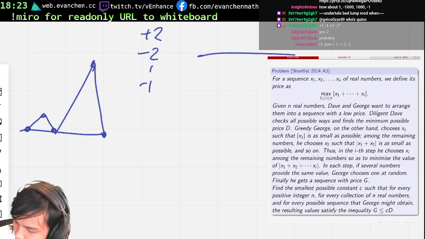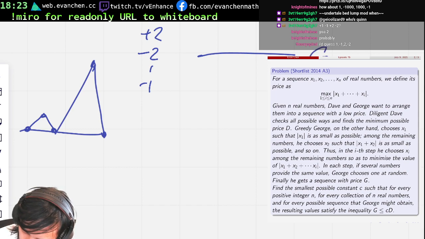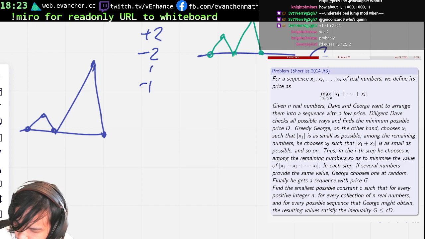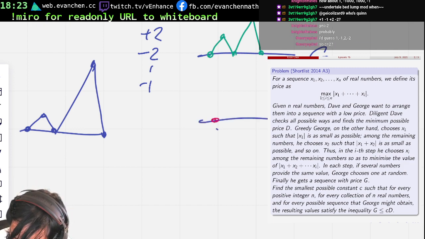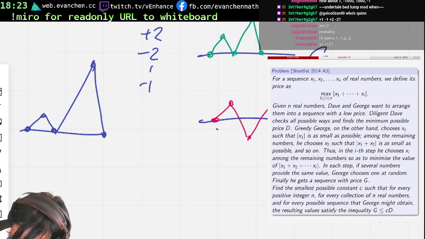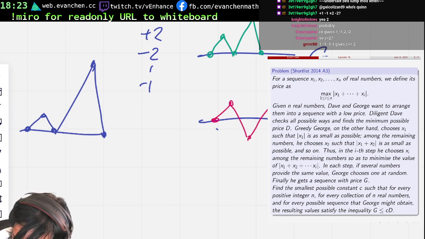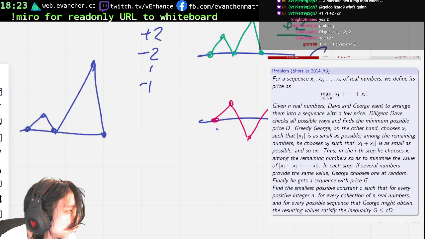So the greedy algorithm will have a price of 2. The diligent algorithm will have a price of 1. Where G is for greedy, so we're using green. Yeah, so c is at least 2.